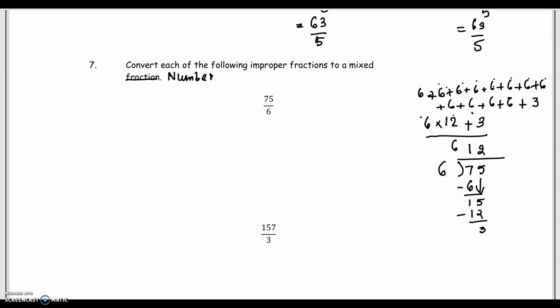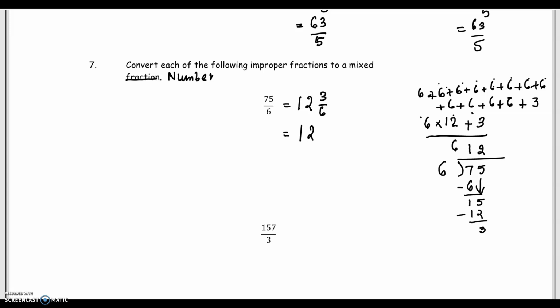So 6 goes 12 times into 75, leaving a remainder of 3. So that is 12 and 3 sixths.